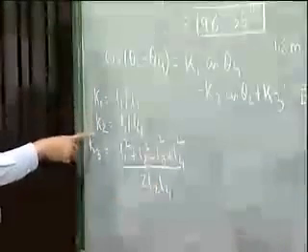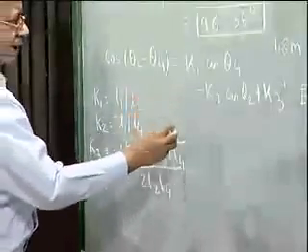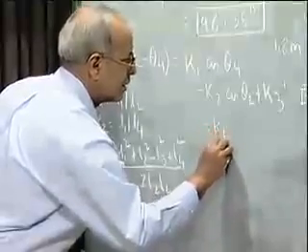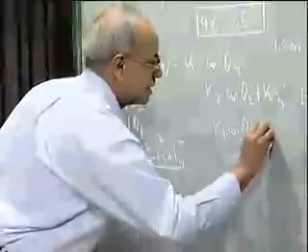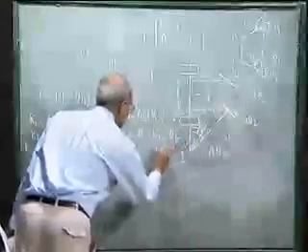Now we know K1 is same as K2 because L2 is same as L4.